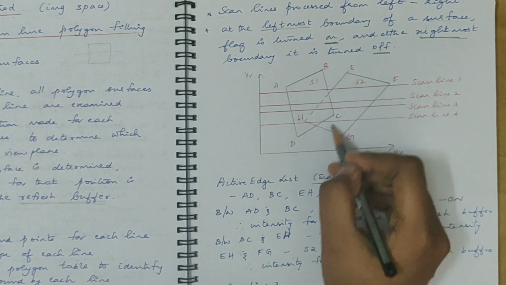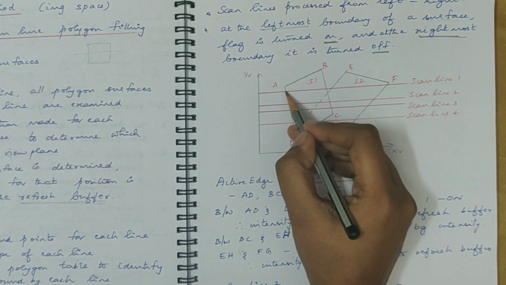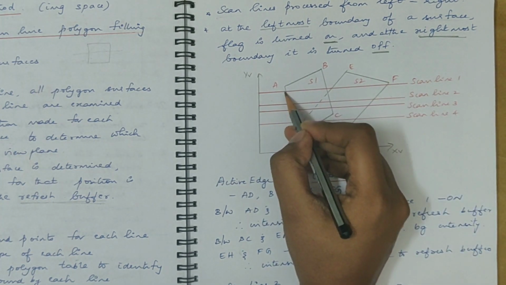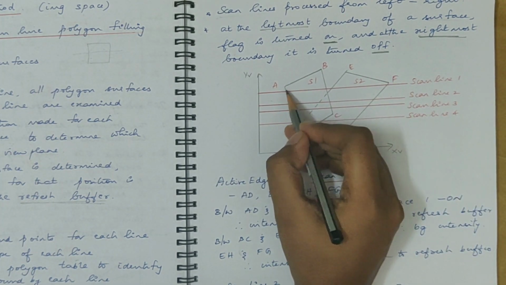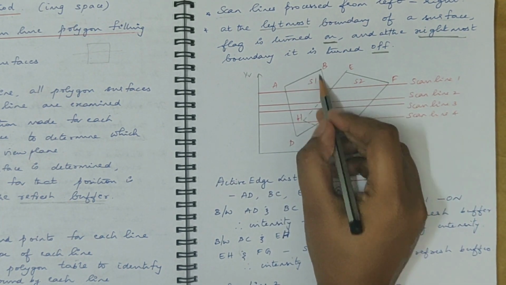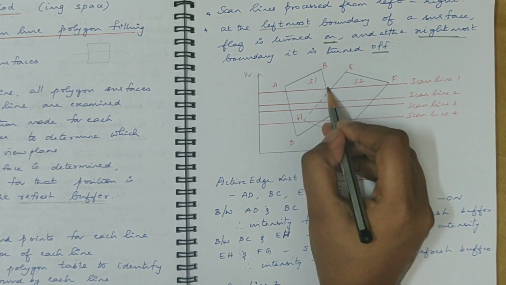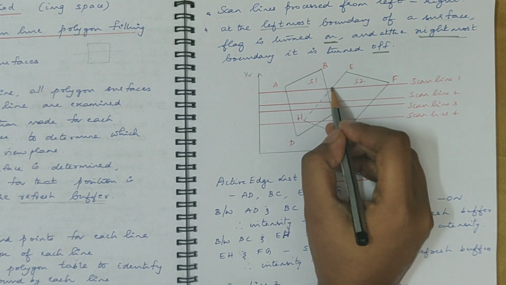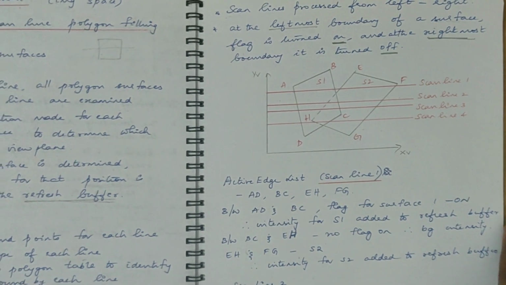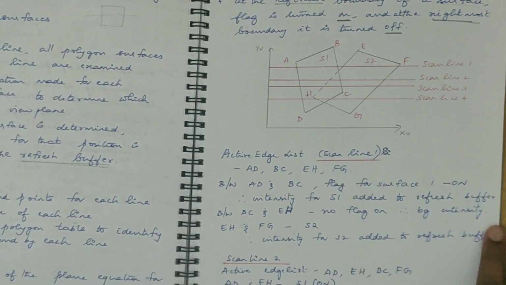Say for example, this is a surface here. This is the leftmost boundary if you consider scan line 1. From here it will be turned on, and the rightmost boundary for the surface S1 is this part. So at this point it will be turned off. So now let us take each of the scan lines one by one and find out.